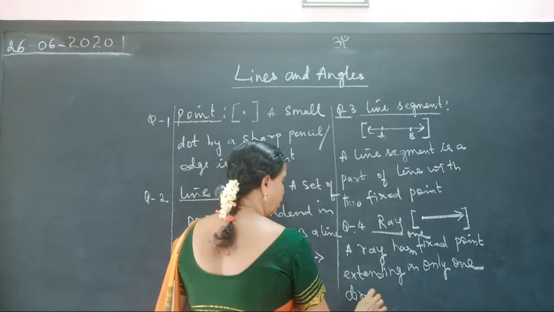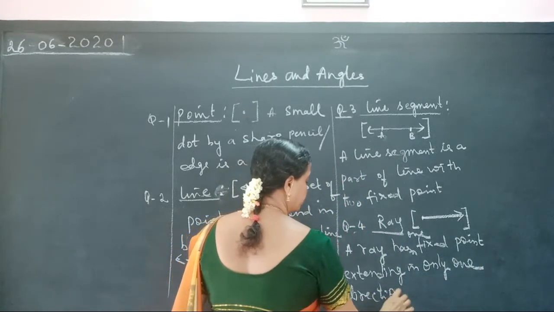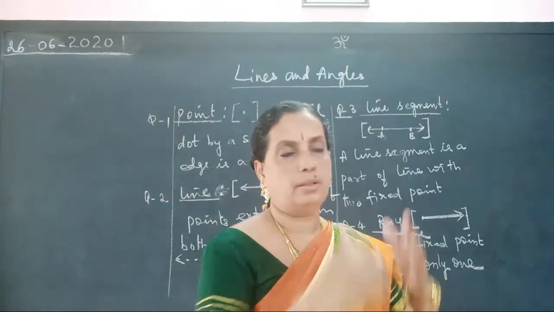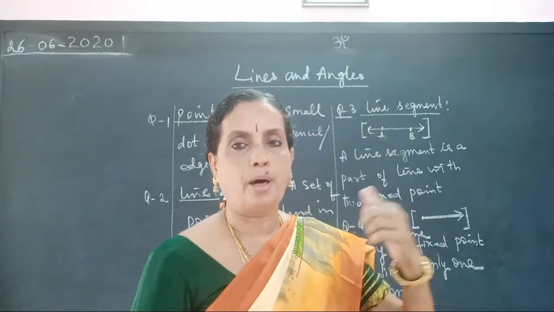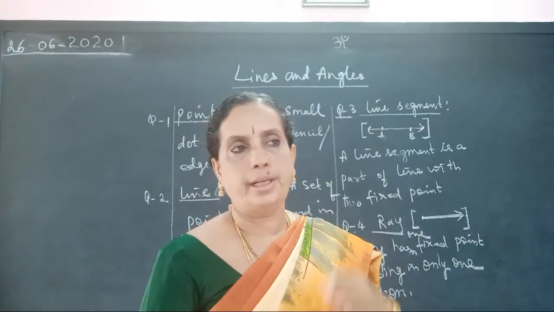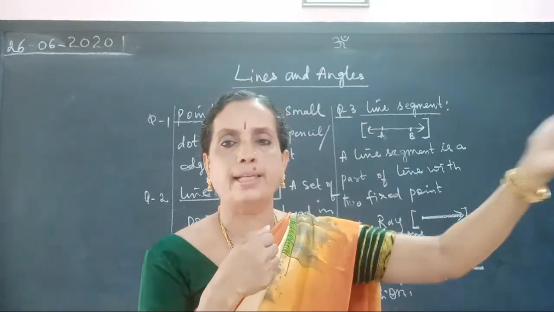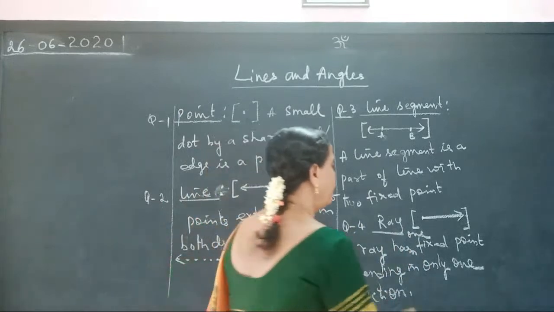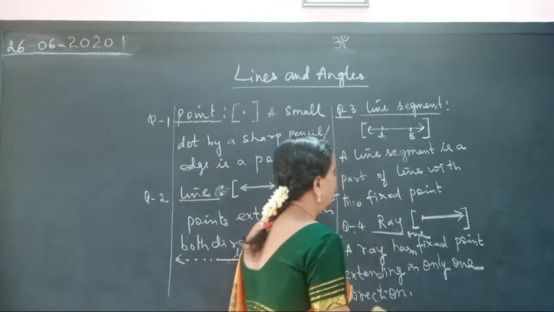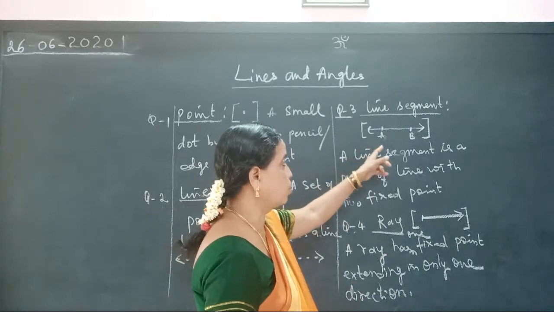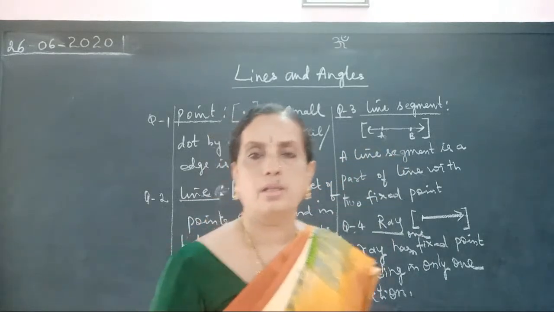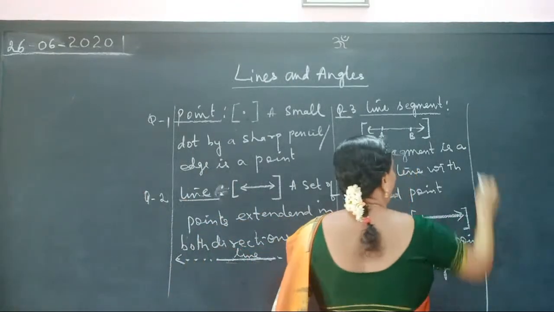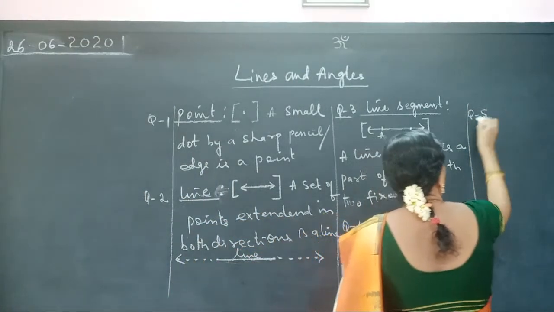Only one direction. It is like the path of an arrow. It is starting from a fixed point and extending, then we call that a ray. It has only one fixed point, whereas a line segment has two fixed points. Is it clear? Next, question number 5.